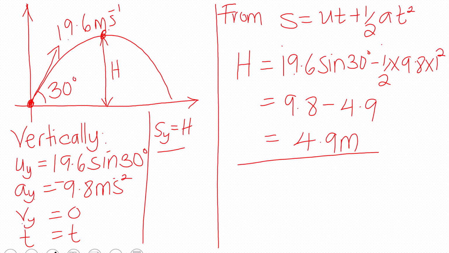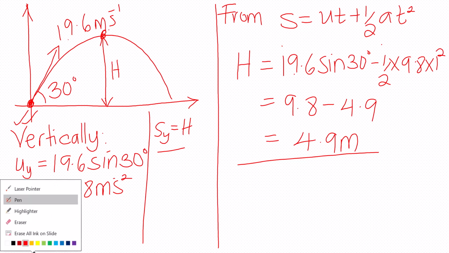And then if we want the range, we can use the same equation, but we're going to use information for the horizontal motion, not for vertical motion. So in this case, let me summarize the information for the range. But first, let me rub this information.